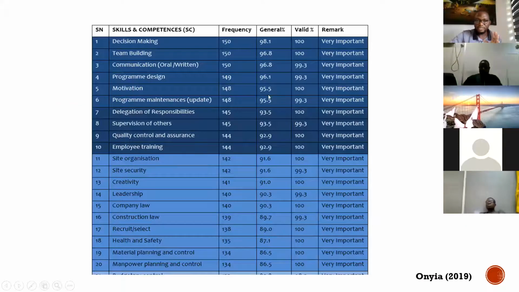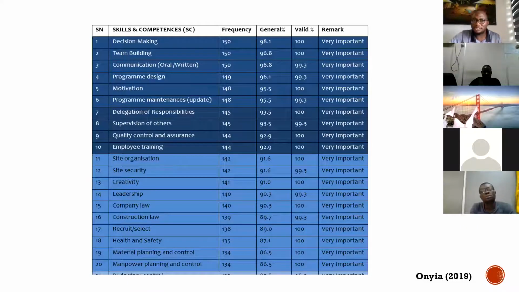So these skills on the display that you're looking at are the top 20 skills that over 150 engineers registered with Current and members of NSC, practicing in Nigeria, identified as the top skills required for managing both engineering and construction projects and ventures. That's the business or project itself.